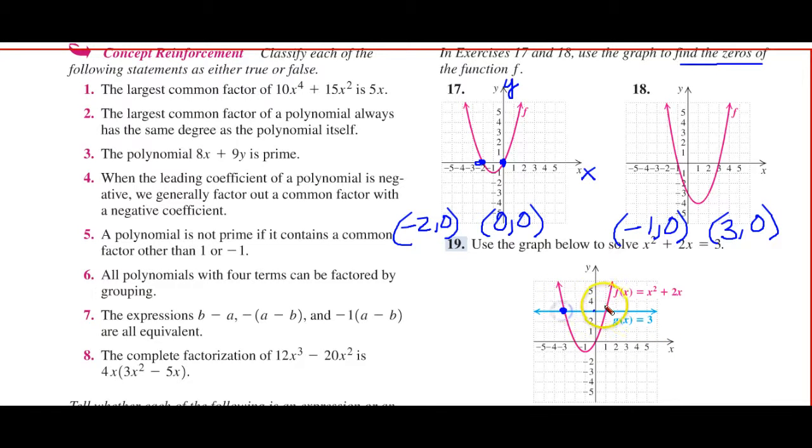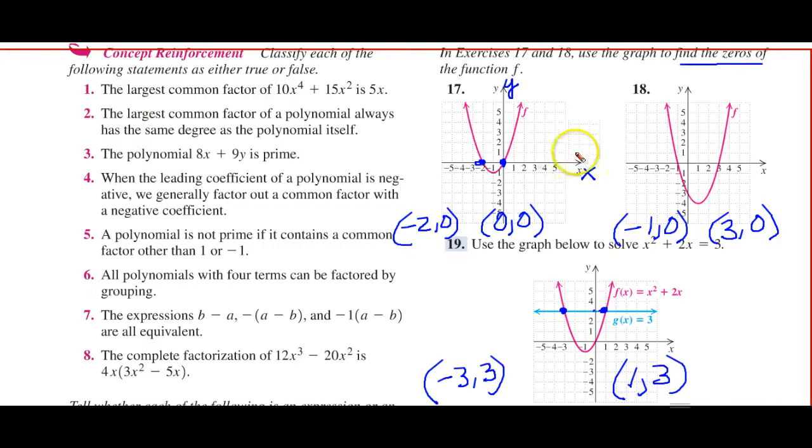Well, it would be there and there. So what are your points? Here it's -3, and our y value there is 3. And then for this one, it's going to be an x value of 1 and our y value of 3.